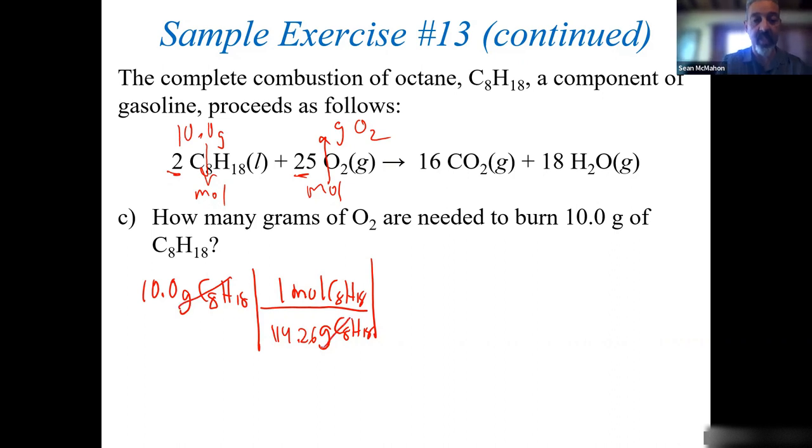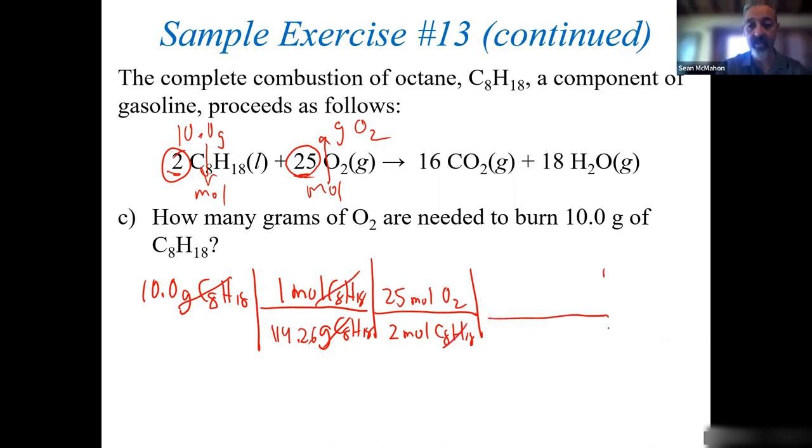So the grams of octane cancel. Then there's 2 moles of octane that react with 25 moles of O2. Where'd I get that? So moles of octane cancel. But I want grams of O2.